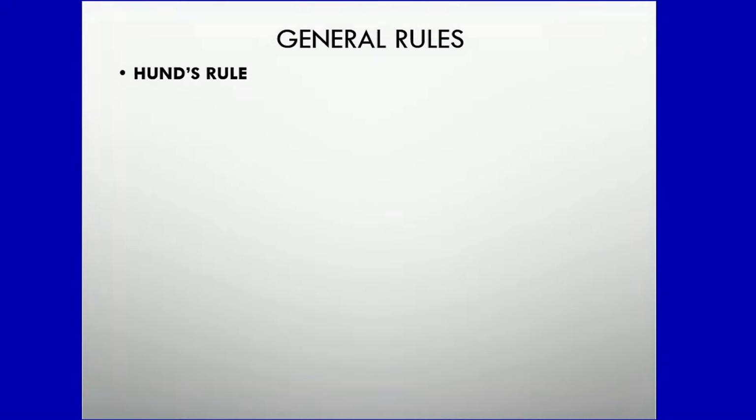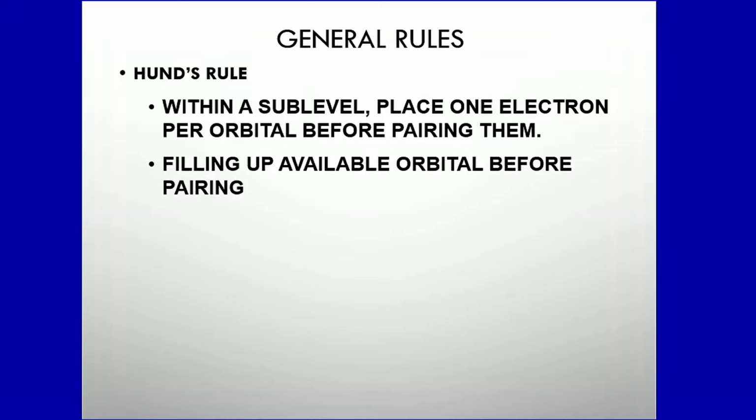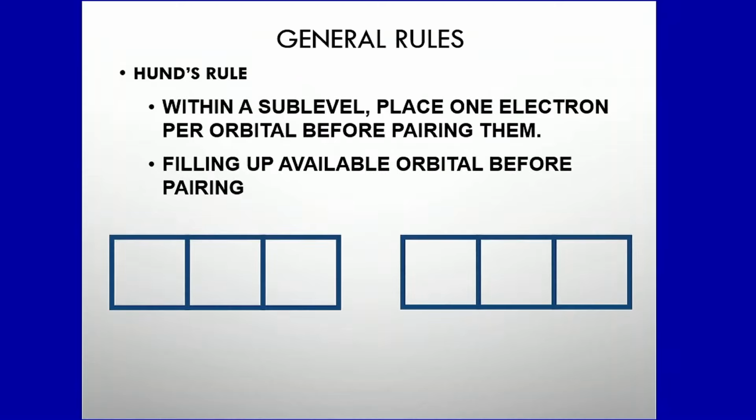The third rule is Hund's rule. Within a sublevel, place 1 electron per orbital before pairing them, or fill up available orbitals before pairing.